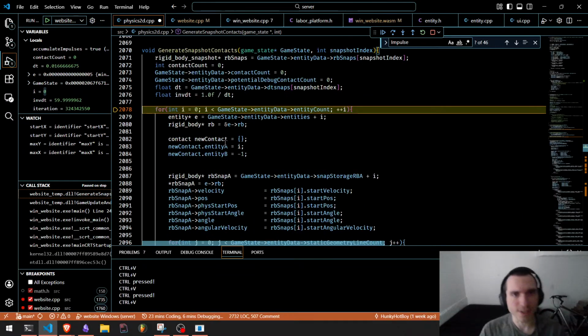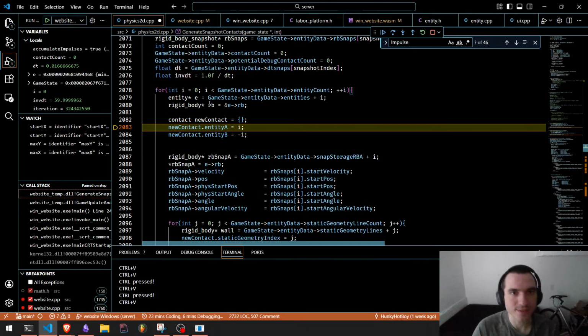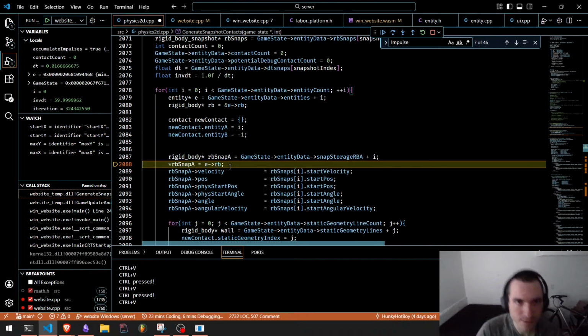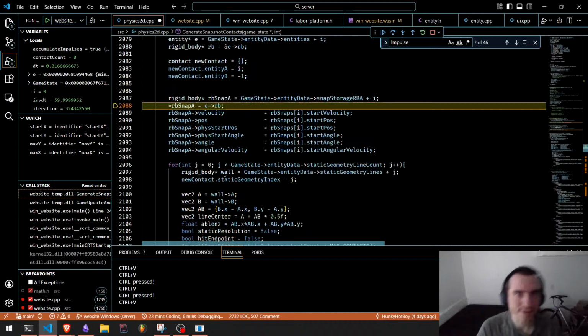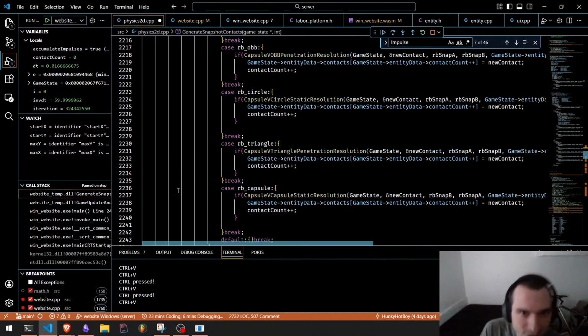So this is where I take the entities, see where they start. This is the circle entity. Well, that doesn't really matter, because this can all change based on where we are when we actually sort through the contacts.